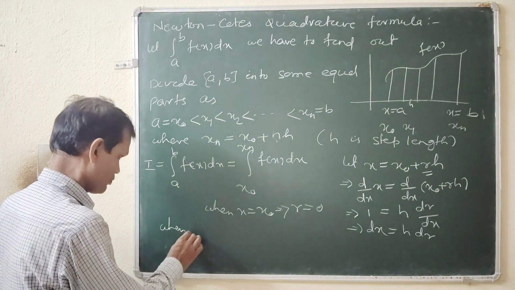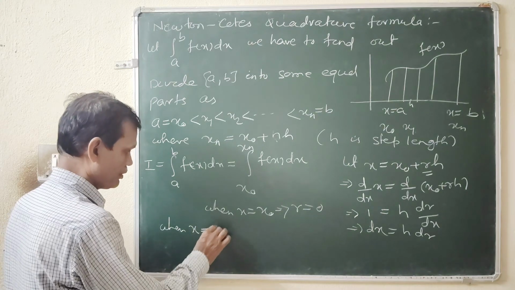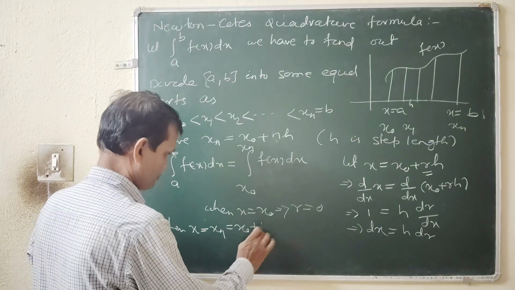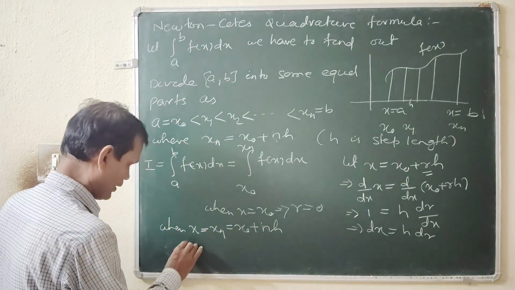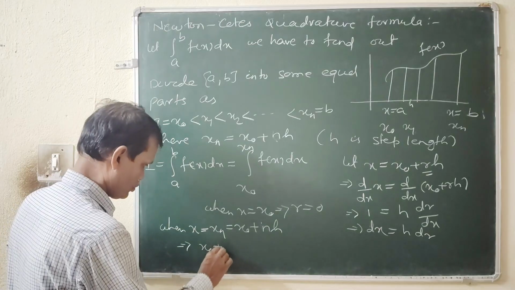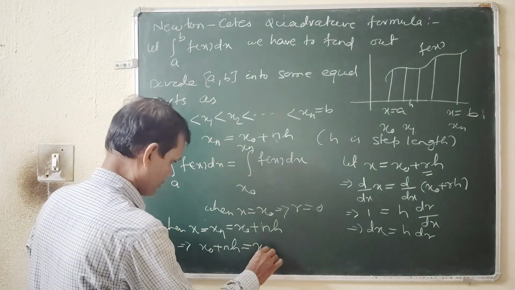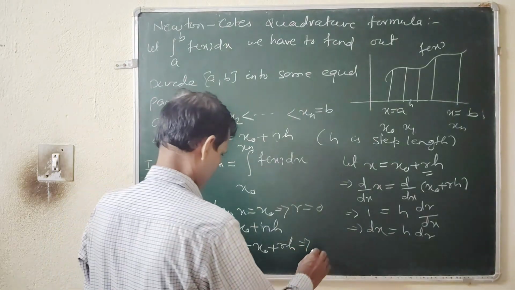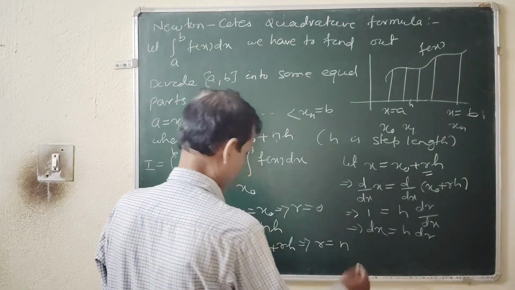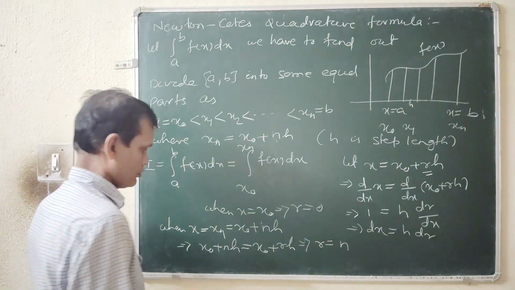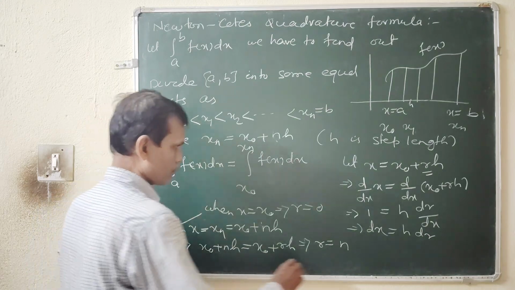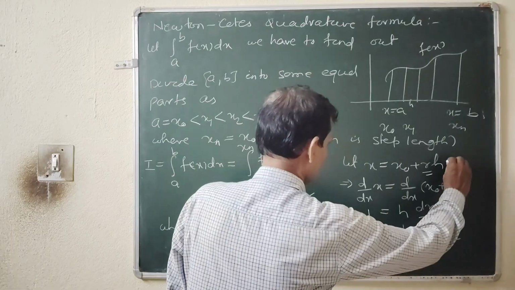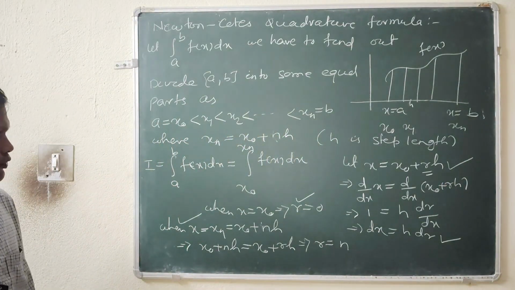When x is equal to xn, that is x0 plus nh, then x0 plus nh is equal to x0 plus rh, implies r is equal to n. So consider these four conditions.